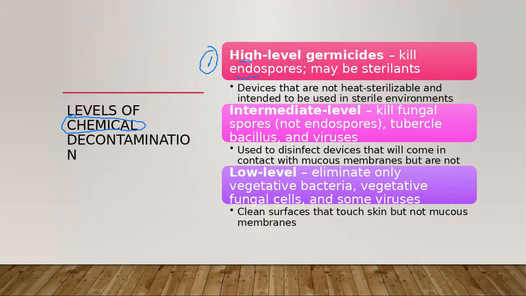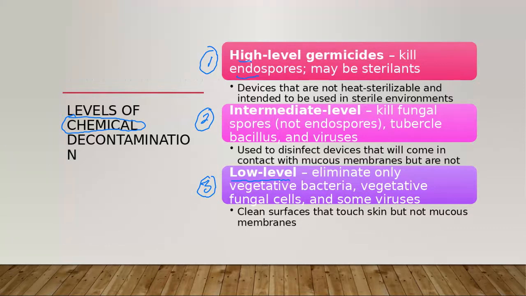The second one is the intermediate level. This is the one that may be used for destroying the intermediate type of resistant bacteria or microbes. And the last one is the low level. This is used for the least resistant type of microbes. Mostly antiseptics are in this low level, because antiseptics are also used on our body, on our skin, so we will not use higher levels of chemicals on our skin.